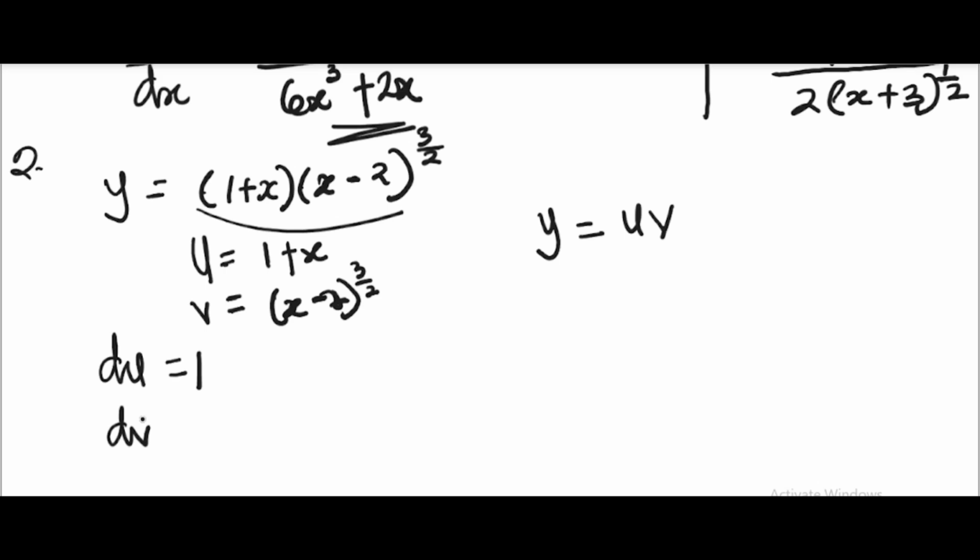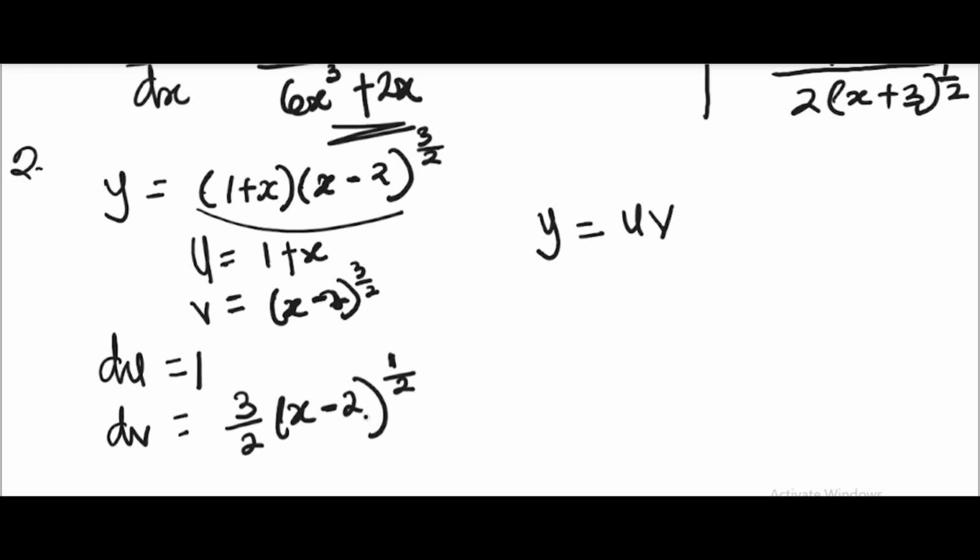Since the derivative of x will give me 1, I can then say that my dv will be 3 over 2 into x minus 2 raised to 3 over 2 minus 1, which gives me half, right? Because half plus 1 is 3 over 2. So this will work here.